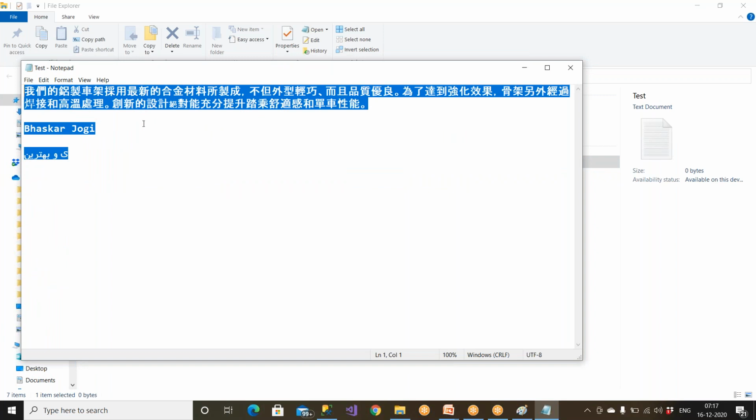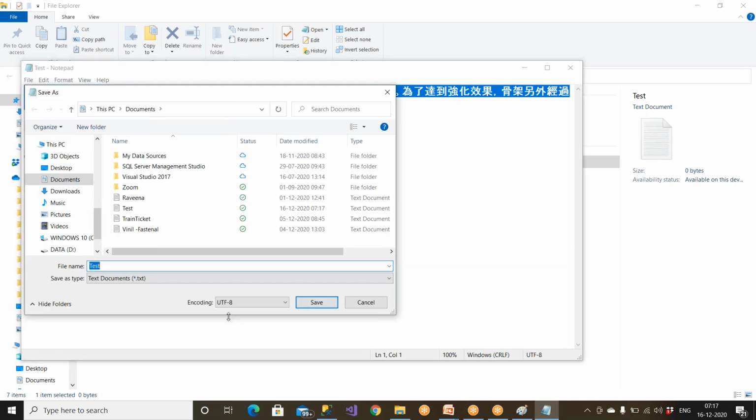Now, Notepad is also supporting this, but in the olden days, notepads were not supporting all of them. While saving, it is taking UTF encoding. If you have a normal other encoding, it is not able to save it.